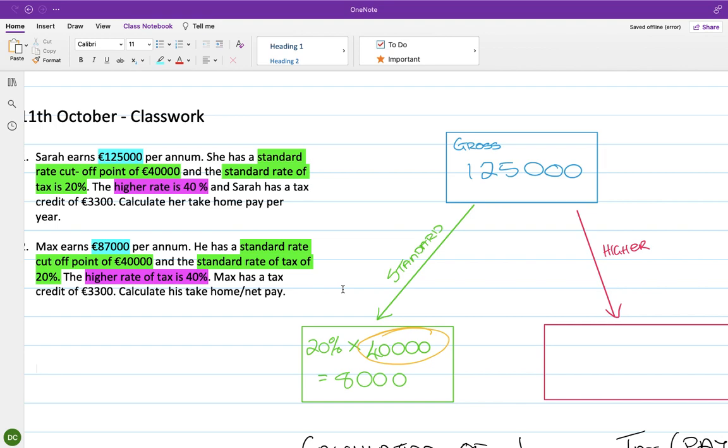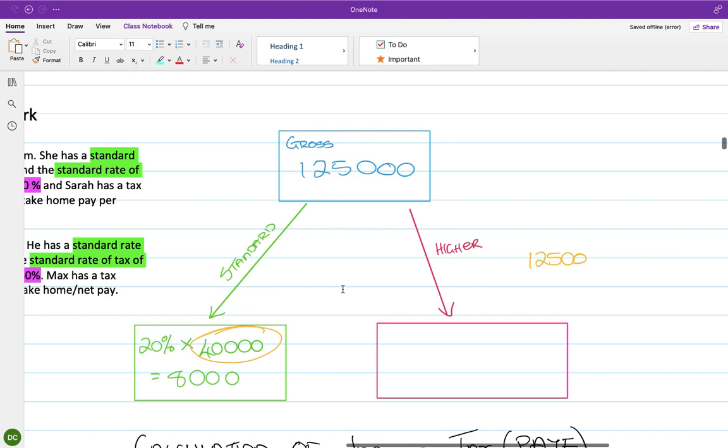So what do I do? The gross take away the 40,000. Yes. So I do 125,000, and I'm going to take away the stuff that's in the first pile, so that was 40,000. And that leaves 85,000 for the other pile.